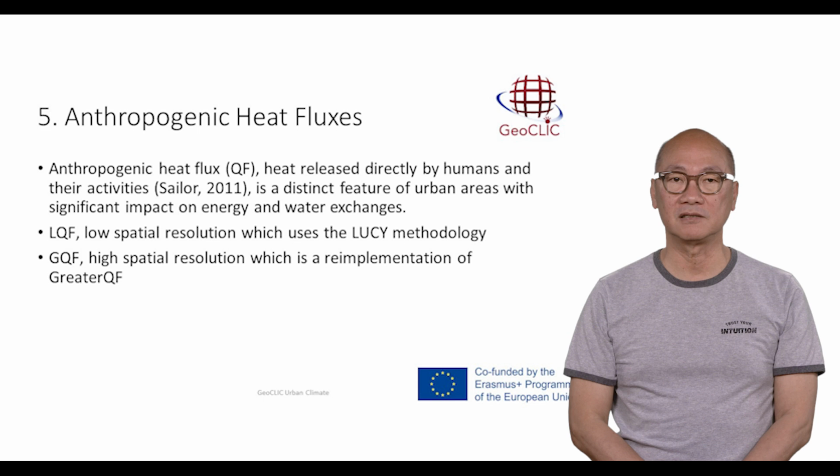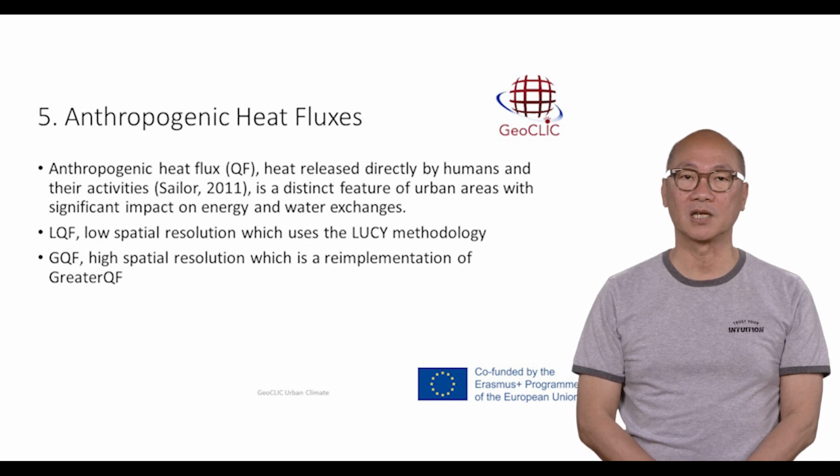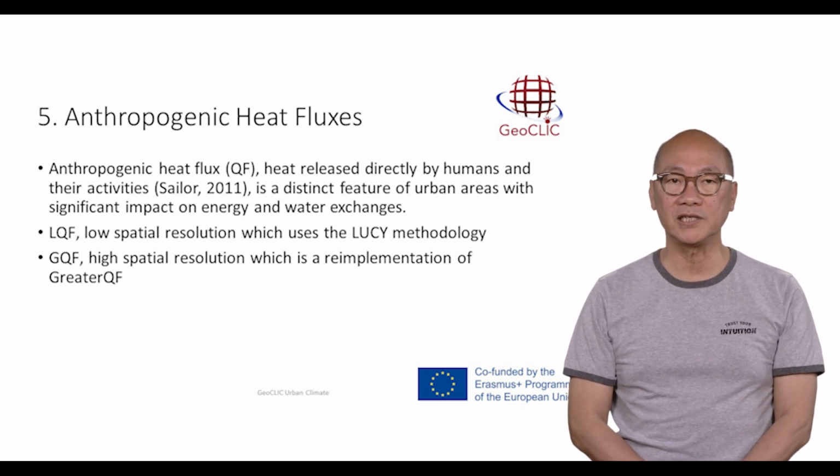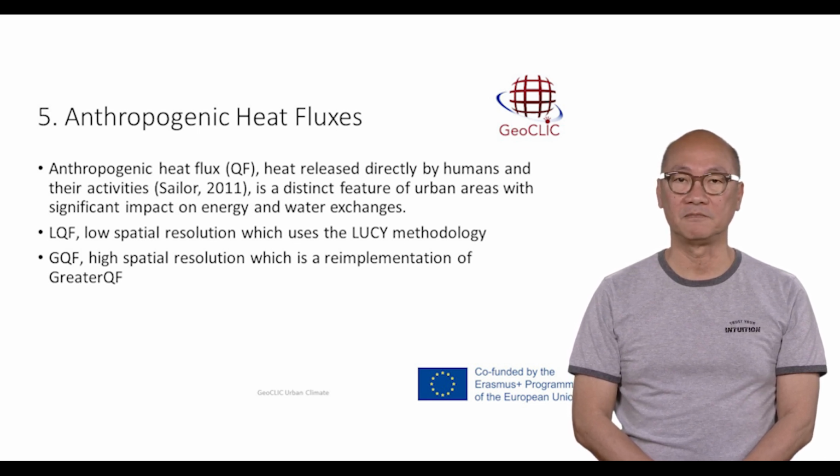Anthropogenic heat flux is the heat released directly by humans and their activities. It is a distinct feature of urban areas. In UMEP, anthropogenic heat flux can be modeled using two stand-alone approaches. The first methodology uses the LUCY methodologies described in Allen's 2012 paper.